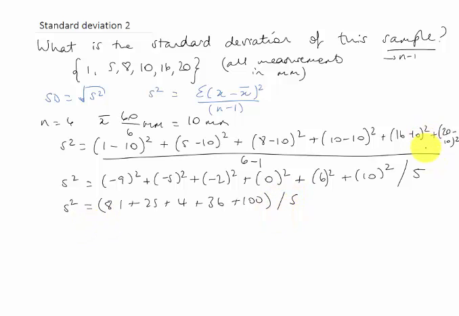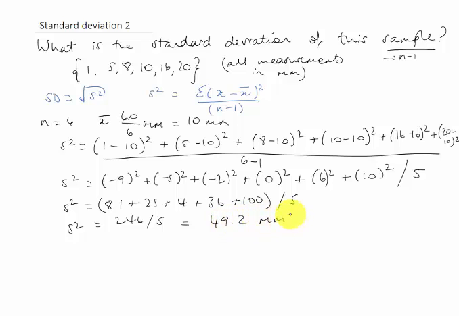So all this is in millimeters squared. I'm going to come back to that idea in a minute. Do you agree? Because we're squaring here. So the mean is in millimeters. Each measurement is in millimeters, but then we're squaring the difference here. Anyway, so this is 246 divided by 5, or 49.2.